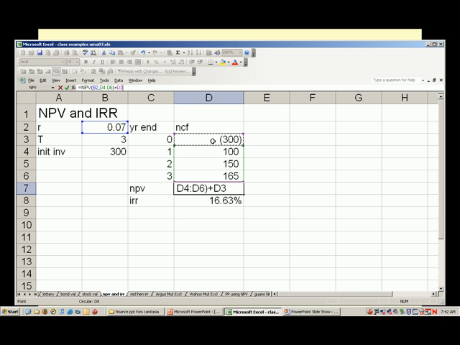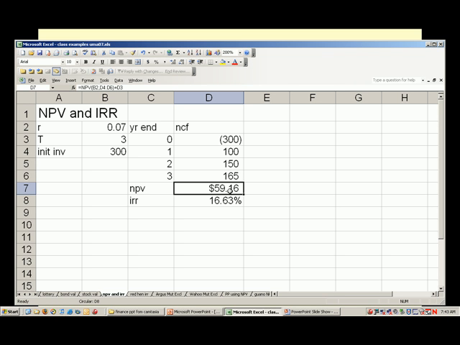Hit enter, and we have our NPV amount. An important point is that we use the NPV function to calculate both a present value and a net present value.